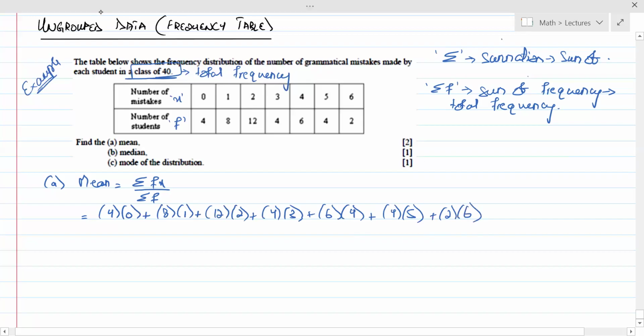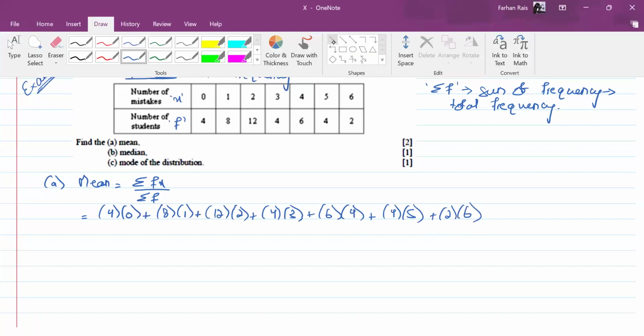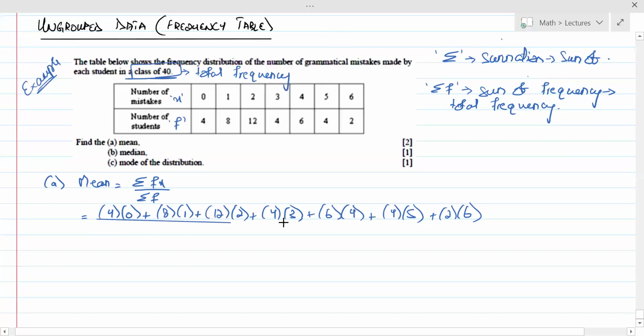So this makes up the numerator where we have summation fx, frequency multiplied by the x values. And then in the denominator, it's summation f, which is the total frequency, which in this case is 40.